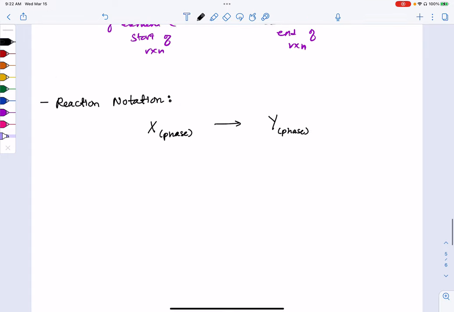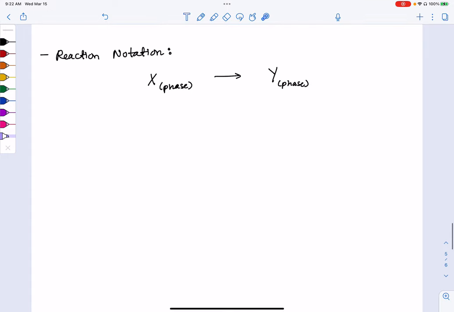Here we have a general reaction notation where X is some starting material and Y is our final material. Over here on the left-hand side, we have what we call the reactants. They are what are to be reacted together, our starting materials.